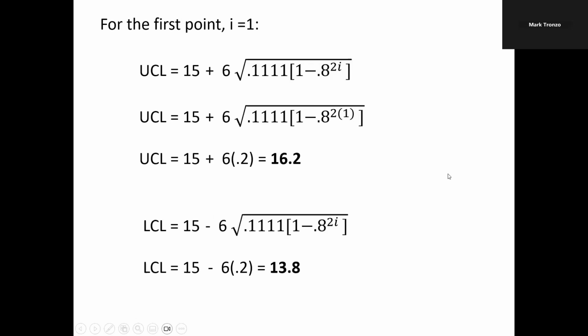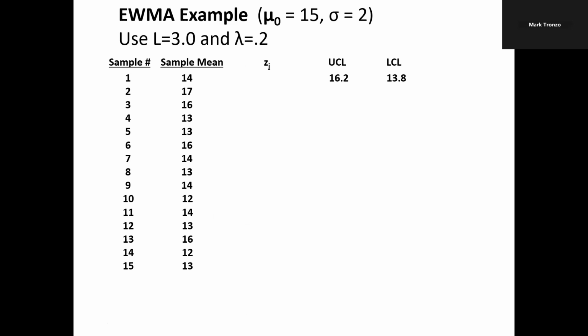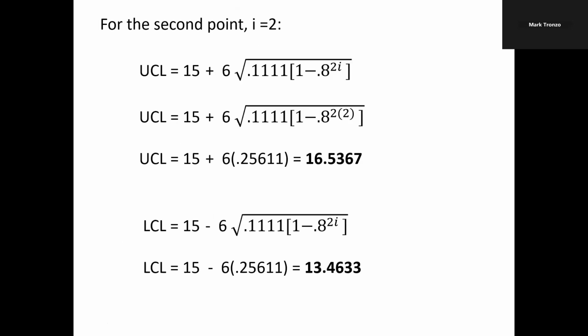So let's start with our first point, where i is equal to 1. All we have to do is substitute i of 1 into those two equations in bold that we had there. And so we get upper control limit 16.2, lower control limit 13.8. So we can put that on our chart, 16.2 and 13.8. And so for the second point, i equal 2, go back to those equations in bold and substitute i equal 2.